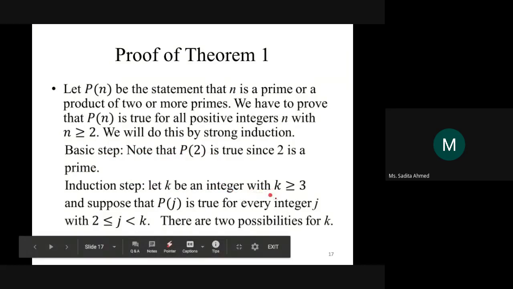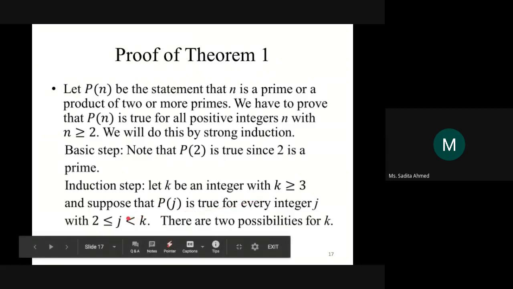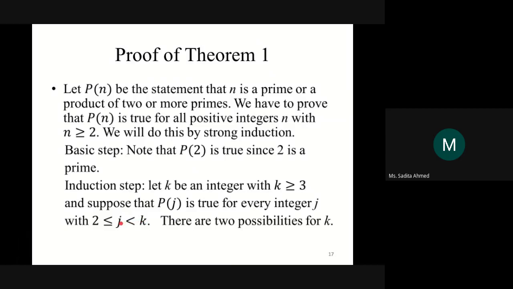So it's redundant to say that k is greater than or equal to 2. See, in the inductive step, we are trying to prove it for the next integer. So let's assume k is an integer which can be greater than or equal to 3. Any integer greater than or equal to 3. So in the assumption, what can we say? We can assume that the statement is true for all integers until before k. Starting from 2 until before k, the statement is true for all these integers.